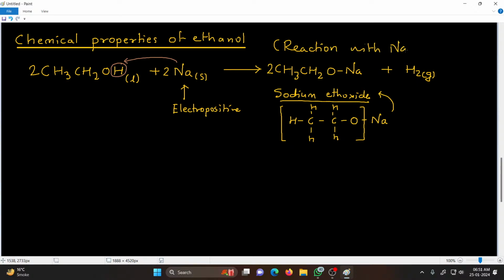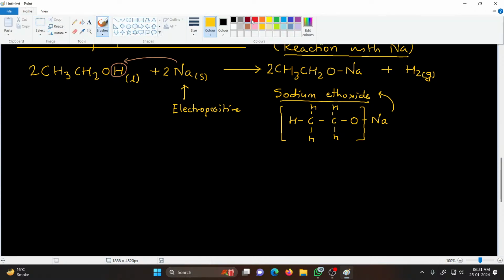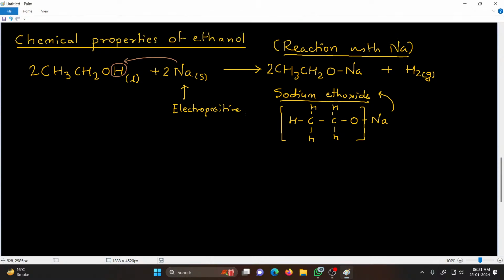The second reaction we are seeing of ethanol is the dehydration reaction. By the name dehydration, you know that dehydration means removal of water.